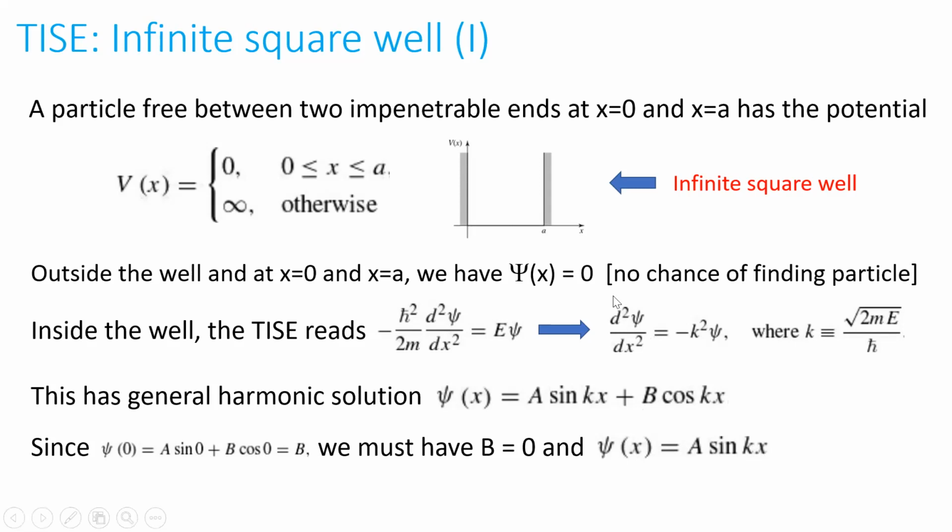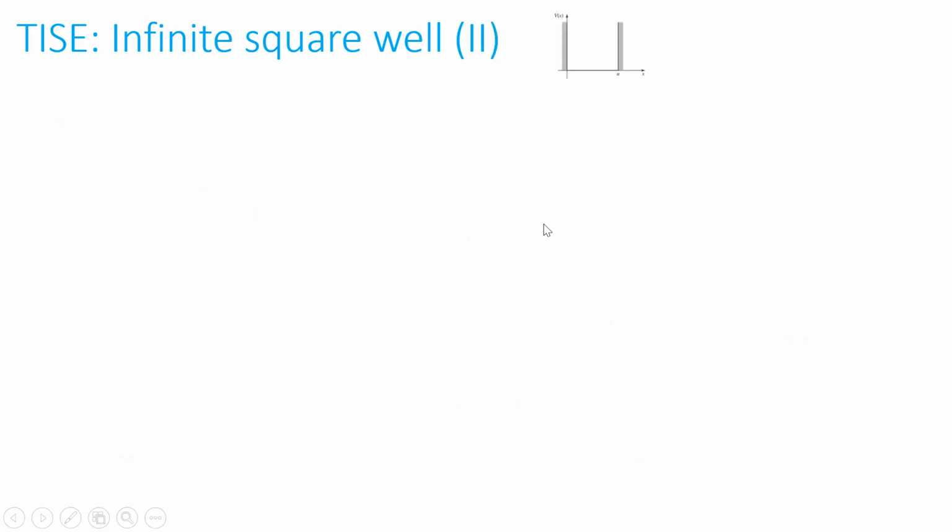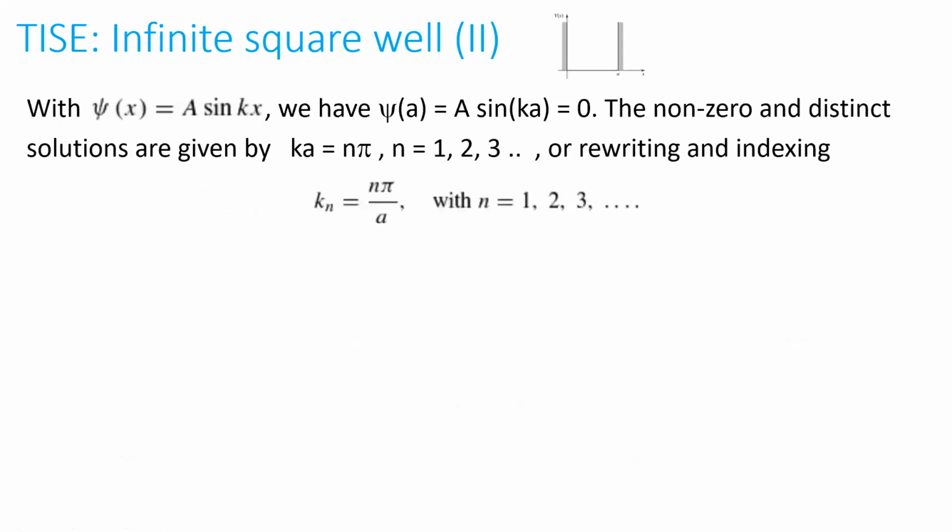All right, so let's see what the other boundary condition, the fact that psi has to go to 0 at a, gives us. So with psi of x equal to a sine of kx, we have psi of a would be a sine of ka, and that's supposed to be 0.